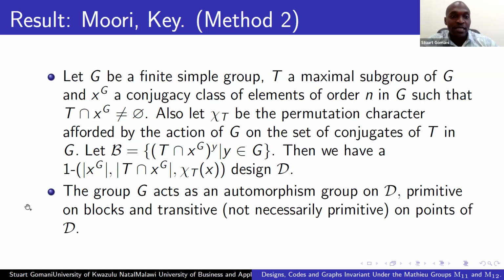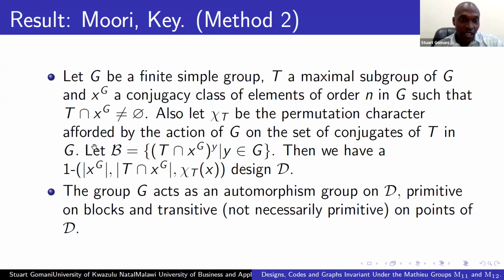The selection should be such that the intersection of the maximal subgroup and the conjugacy class has at least an element. Again, let φ_T be the permutation character afforded by the action of the group on Omega. Then the intersection of the maximal subgroup and the conjugacy class is what we're going to call a block.